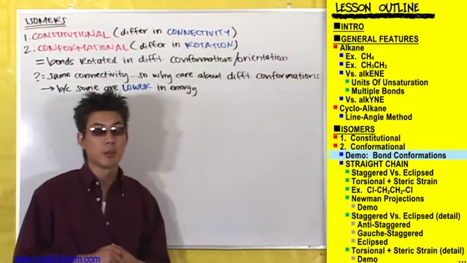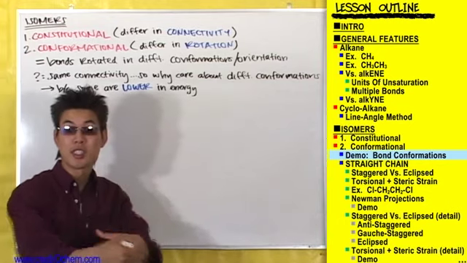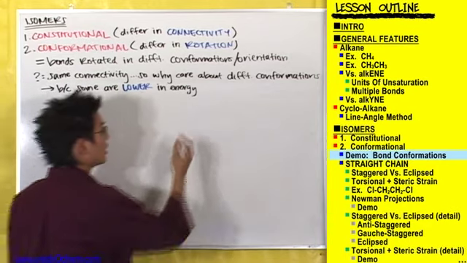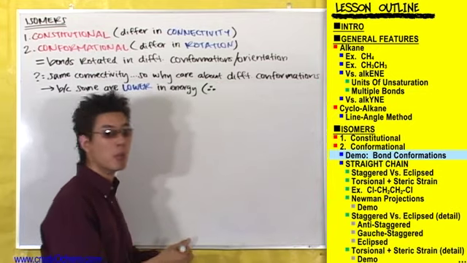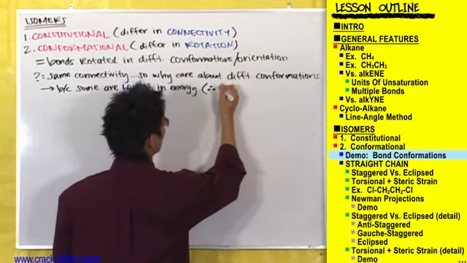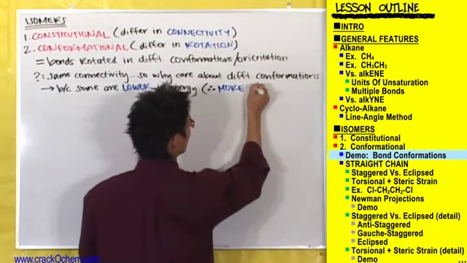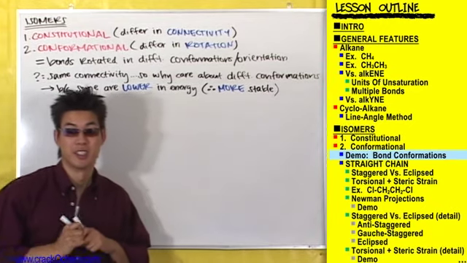And so if one conformation has lower energy, then that means it's going to be more stable than other conformations. So, hey, some are lower in energy, therefore, they're going to be considered more stable than other conformations.